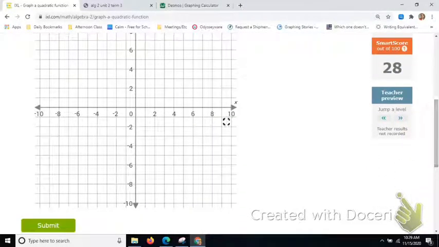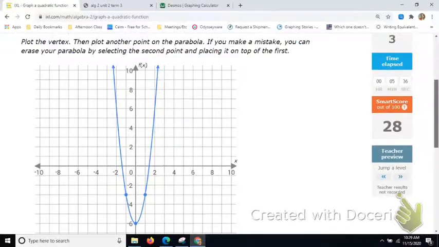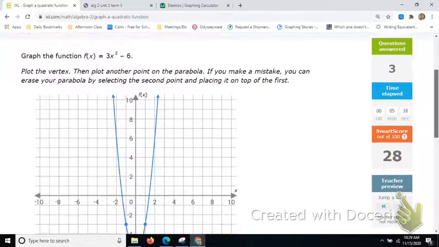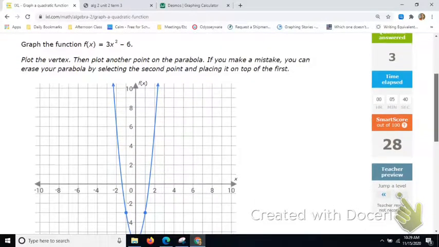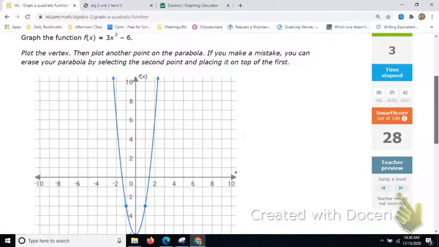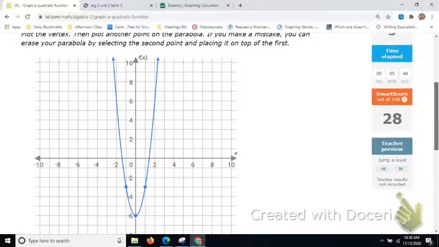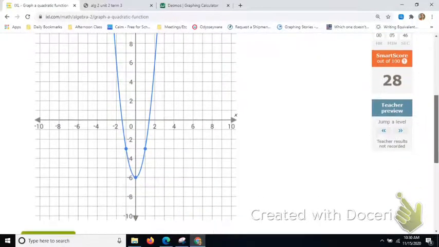So the vertex was 0, negative 6, and then 1, negative 3. And then just confirm, does it look like it's supposed to? Well, it's going up pretty fast, and it does cross the y at negative 6.